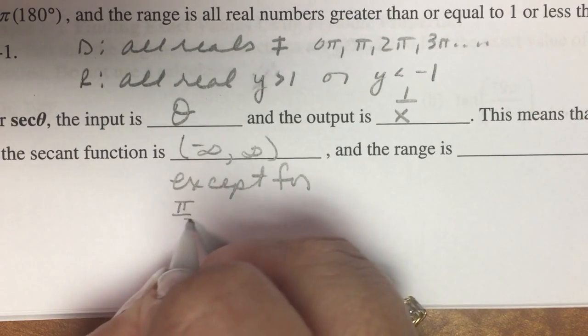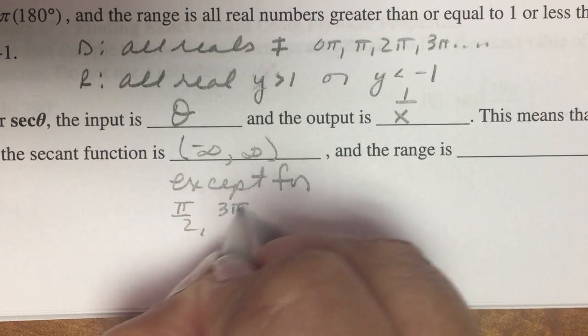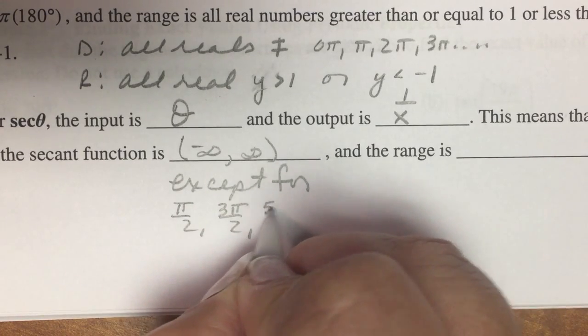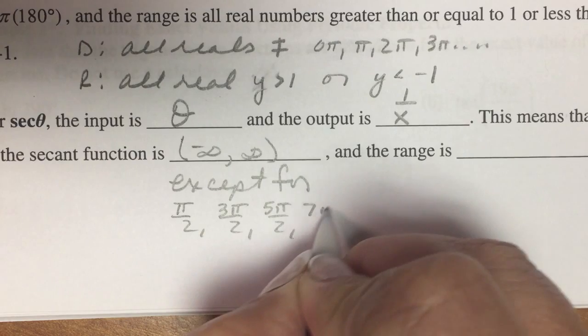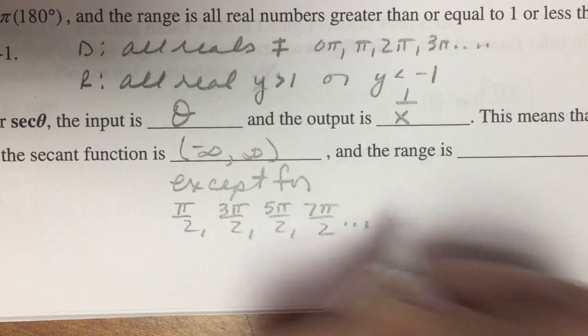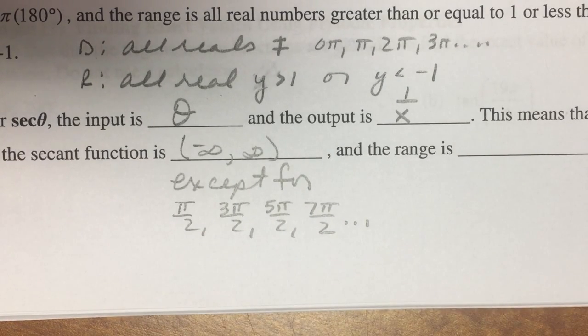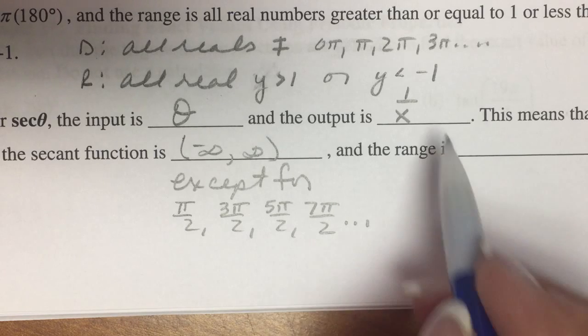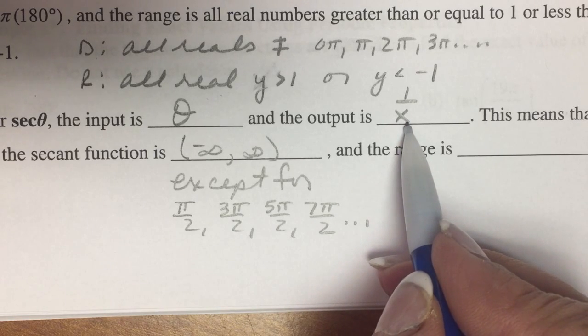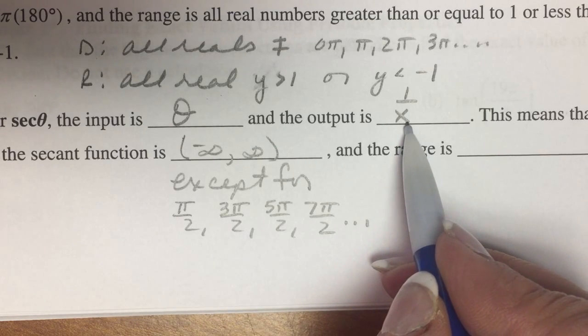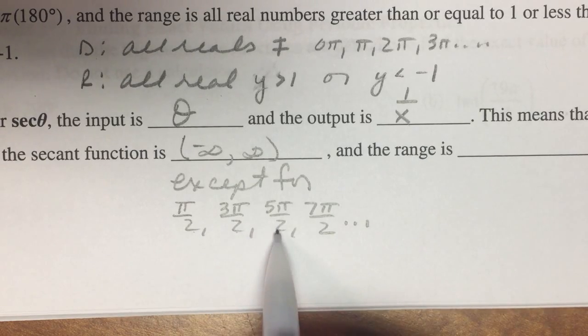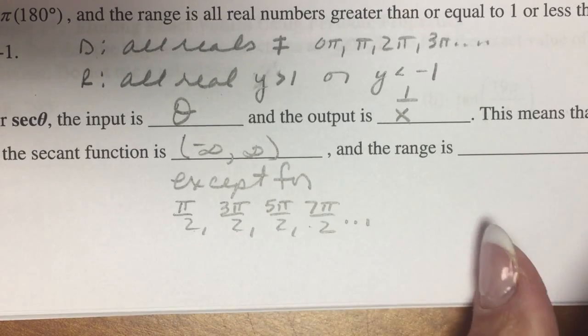So 1 pi over 2, 3 pi over 2, 5 pi over 2, 7 pi over 2, and so on. Because those are the places where the x would be 0, where the cosine is 0. These are the values on the unit circle where the cosine is 0.